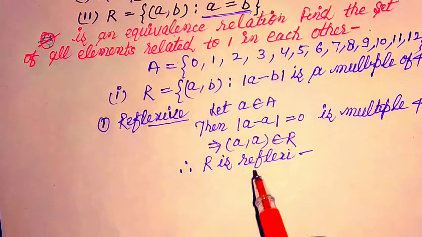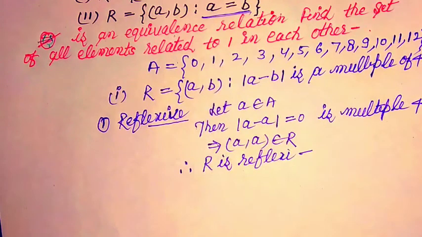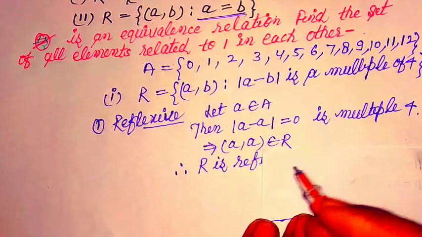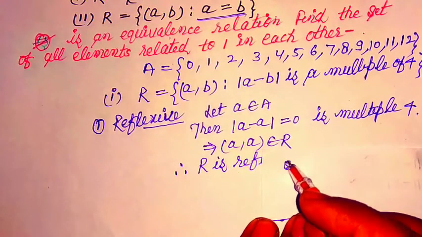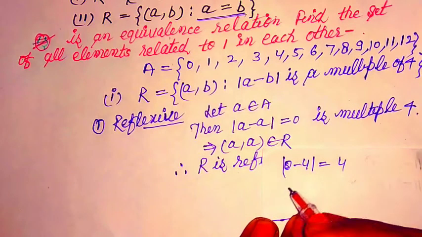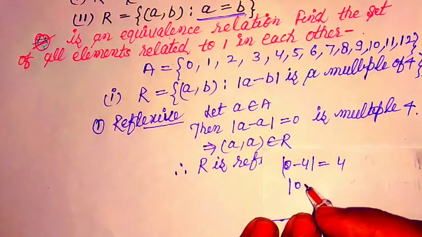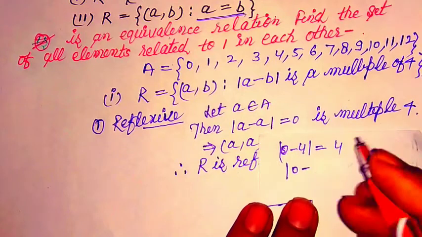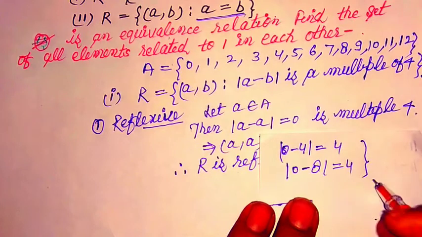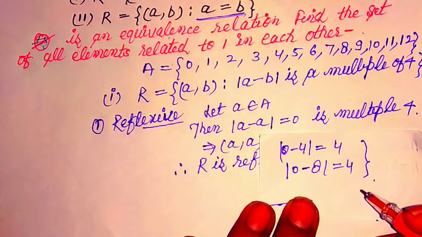For understanding, let's see 0 minus 4 we will get 4, 0 minus 8 we will get 8 here, isn't it?